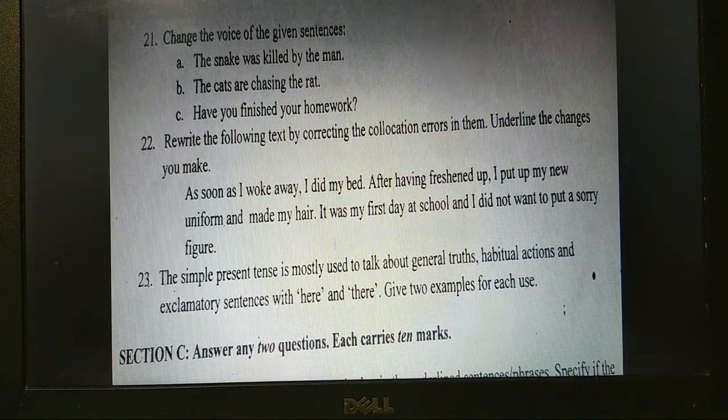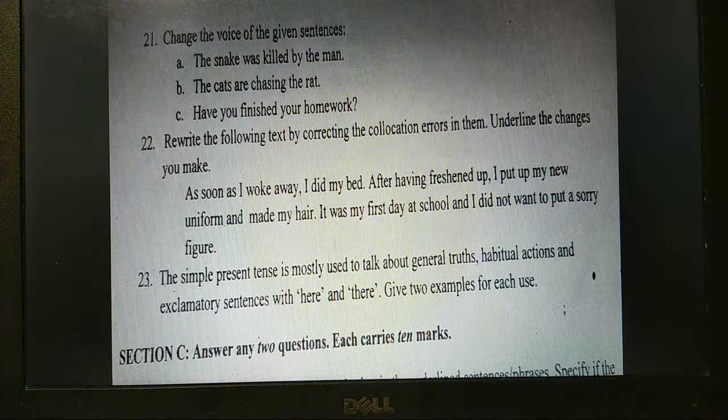So first one, the snake was killed by the man. This is the passive voice, and the sentence in active will be, the man killed the snake. All right. Number two, the cats are chasing the rat.